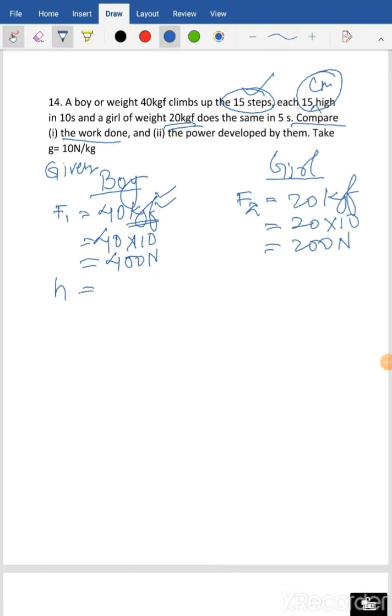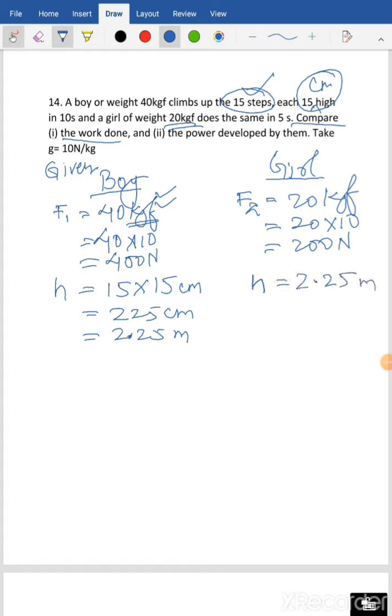So h equals the number of steps times the height of each step, that is 15 into 15, which is 225 centimeter. When I convert this into meter, dividing 225 centimeter by 100, I get 2.25 meter. For the girl also it's the same height, 2.25 meter, because they are climbing up the same height.